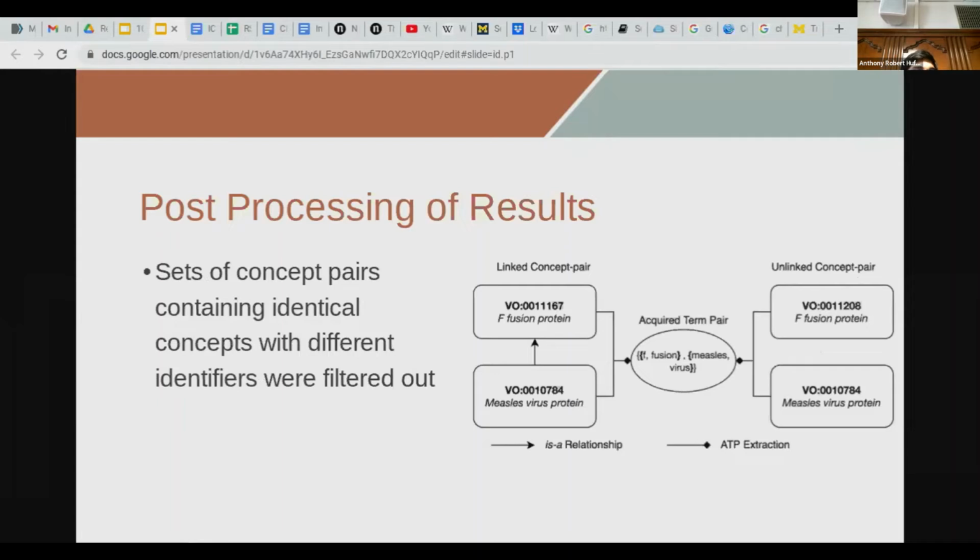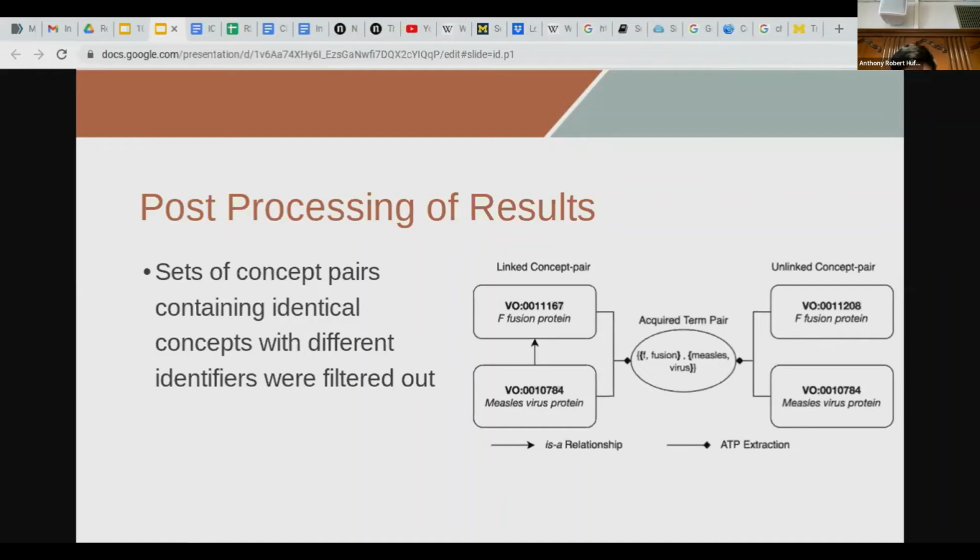As you can see here on your left and on your right, the F fusion protein that it's trying to say there is a missing is-a relationship for is actually nested under measles virus protein, whereas the fusion protein on your upper right side is actually nested under Nipah virus. Since they are identical concepts, we filtered out any inconsistency which shared the same concept name.